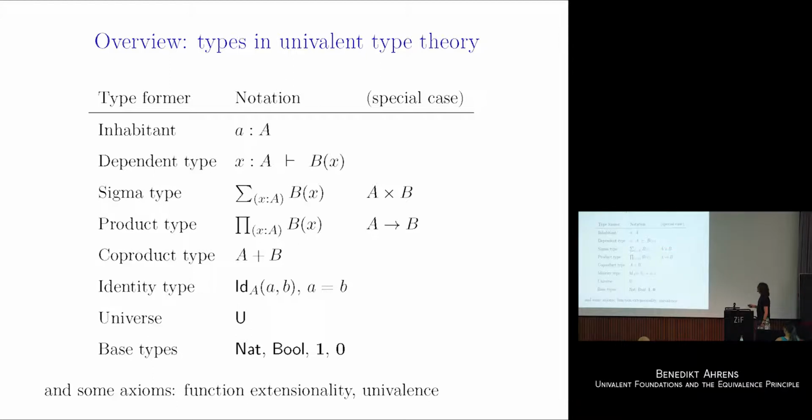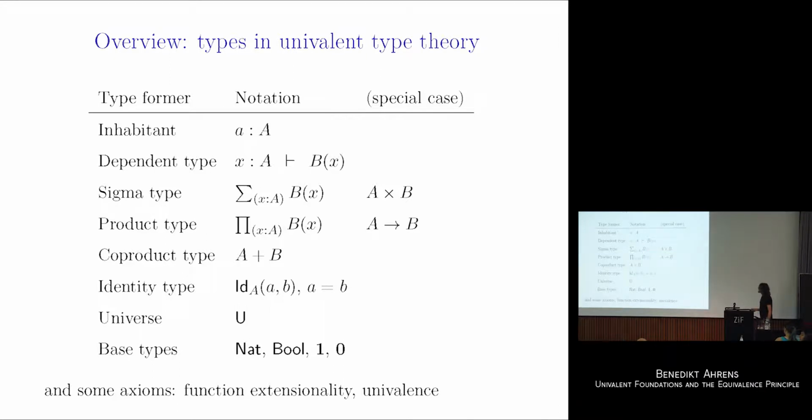This product can be obtained also from this dependent product. This is what Thorsten said this morning. We have the product type, which is the type of dependent functions that go from A to B of the input. The coproduct type is not strictly necessary since it can be encoded as a sigma type.